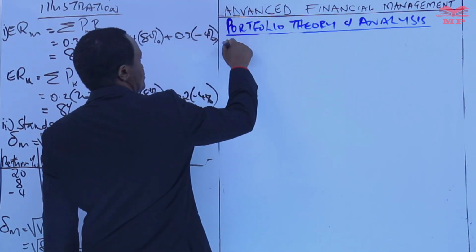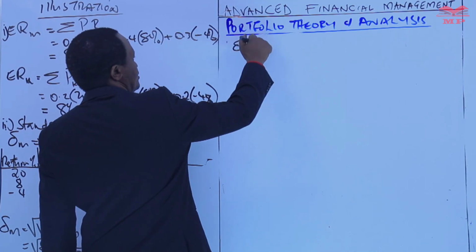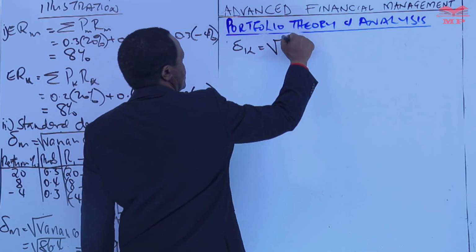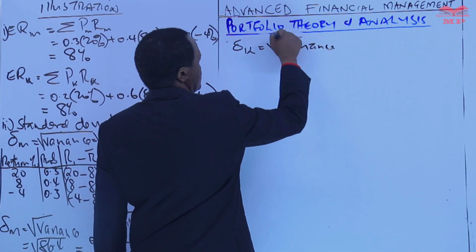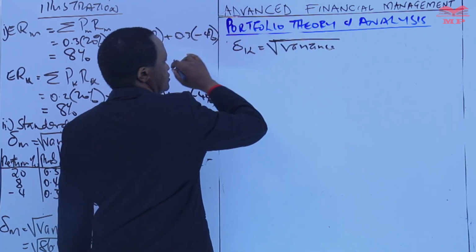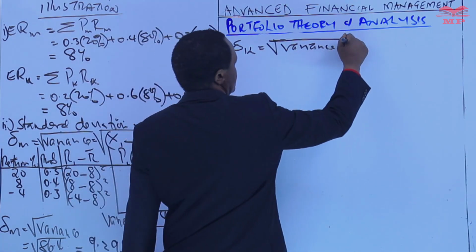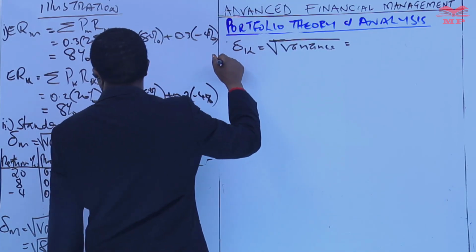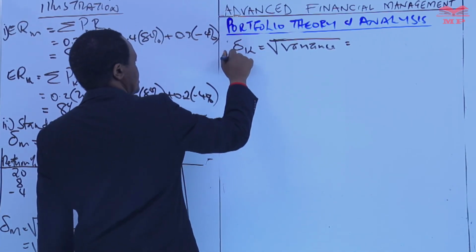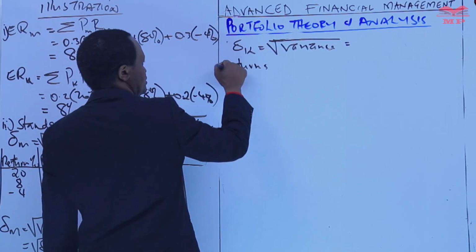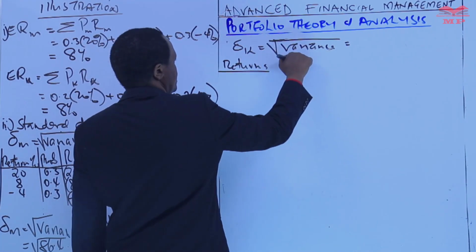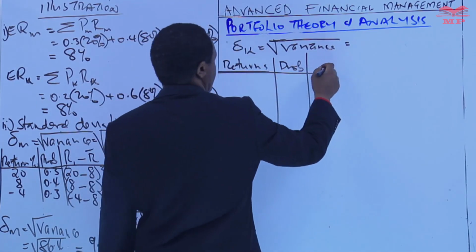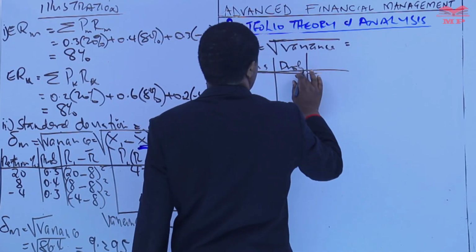The standard deviation of security K will be equal to the square root of the variance. We use the same route. We have the returns from the question and the probability from the question. Then we'll have the deviation.